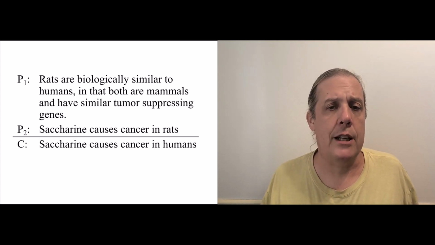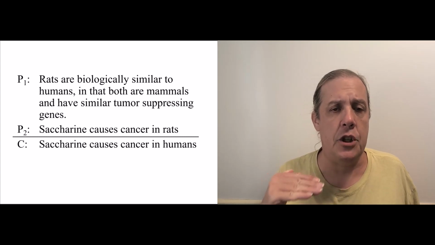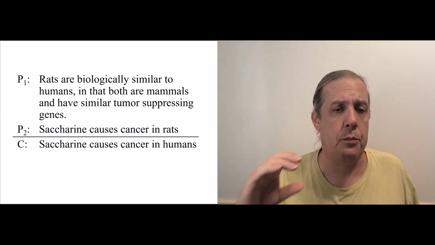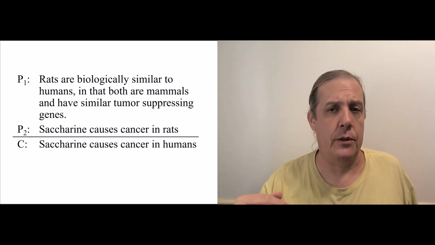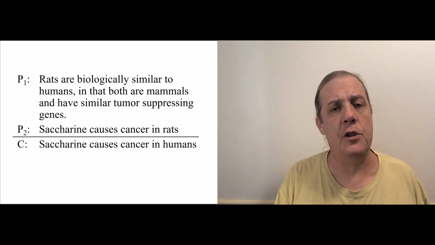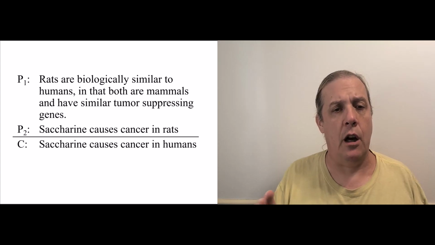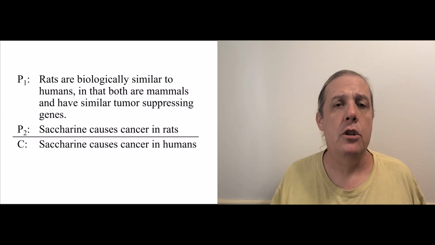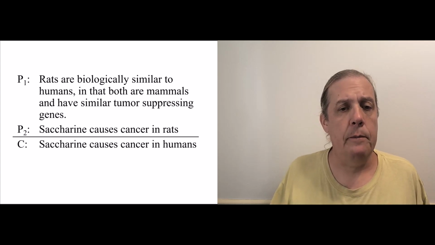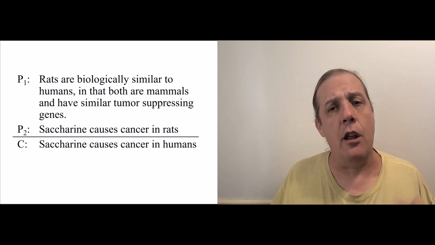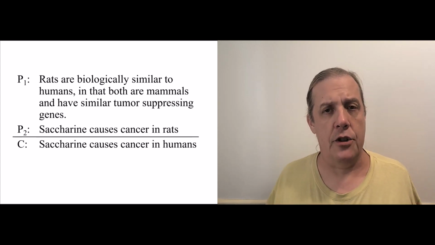You can actually break this down further and have the two similarities mentioned in the first premise be separate premises. But we're going to keep them lumped together this way so that we can apply our argumentation scheme to it. Okay, so that's the basic idea of an argument by analogy.